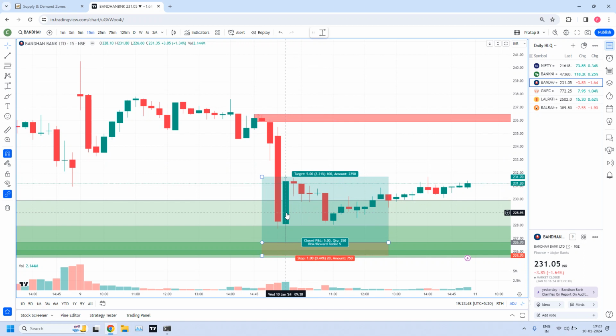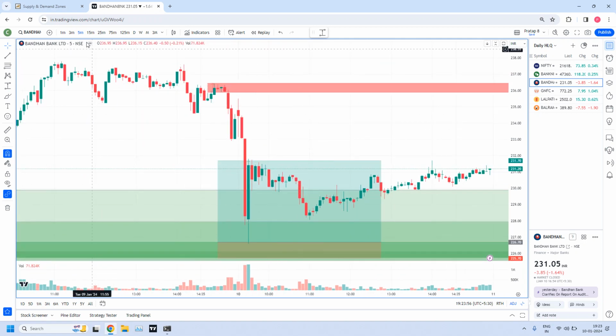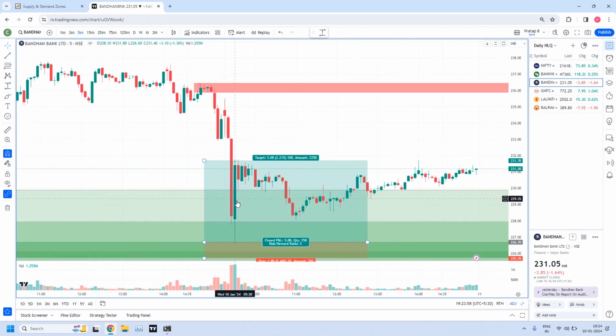But actually, strictly speaking, it is not the first 15 minutes candle. It is the 5 minutes candle itself. The target is achieved. See, now I changed the time frame. See, your entire target is achieved in just the 5 minutes time frame. In which candle? The 9:30 candle.